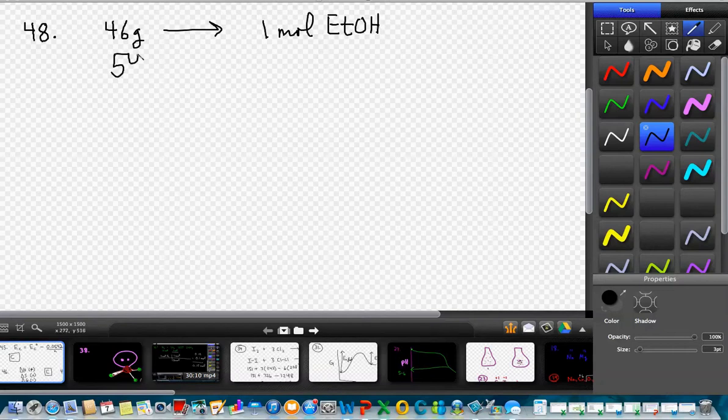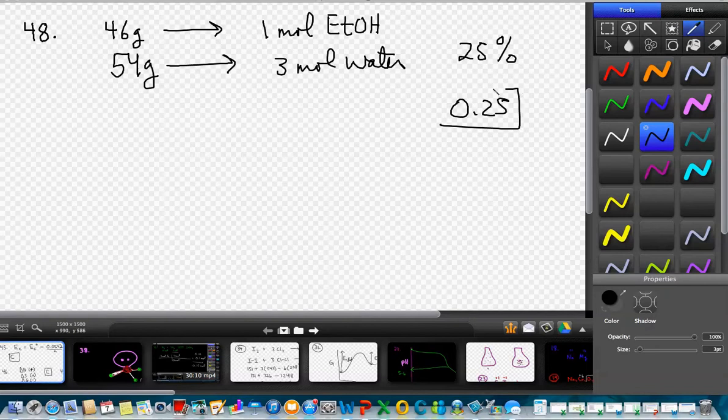And 54 grams of water, very nicely and conveniently, is 3 moles of water. So the mole fraction of ethanol is 1 over 1 plus 3, which is 1/4, which is 25% or 0.25. Answer choice A.